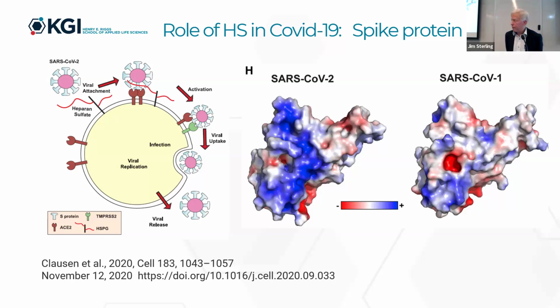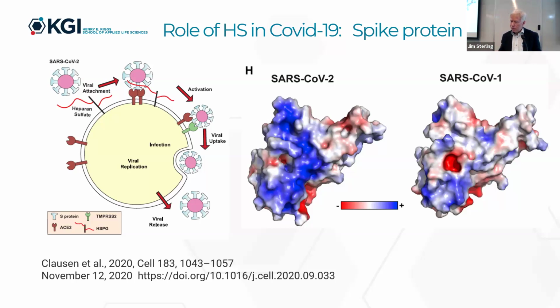So here comes in that virus, and when the virus comes in, it first encounters the heparan sulfate proteoglycans on the surface of your cells, and then it will find the ACE2 receptor, and there's other dynamics that go on. But the binding to the cell surface is a really important feature, and you can see why.